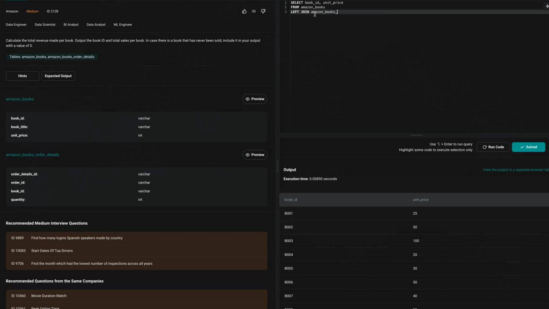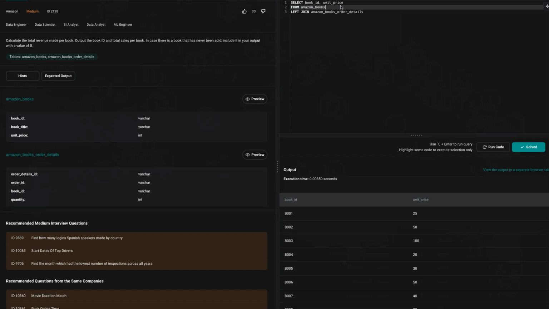The reason is it will give me all the records from the left table, which is the Amazon books table, and all the matching records from the second table, the Amazon books order details table. Again, I want to see all the books that I have from Amazon. Even if the book was not sold, I want to see that information with the value of 0.